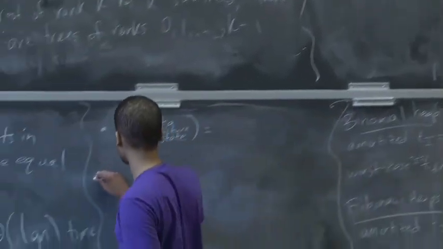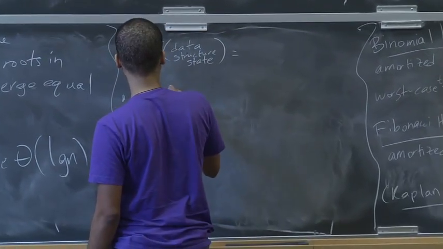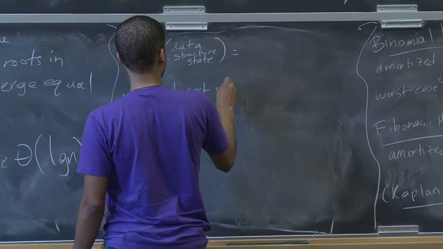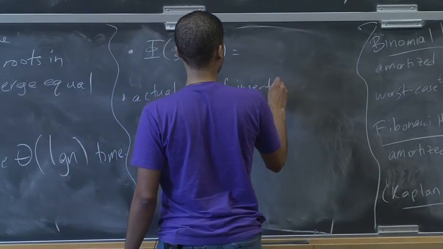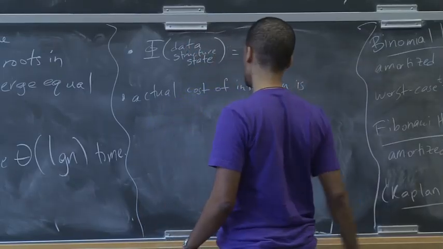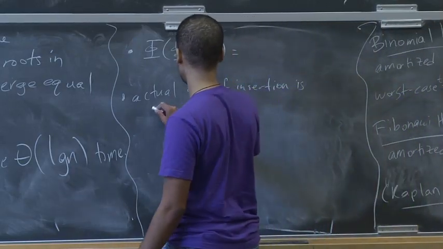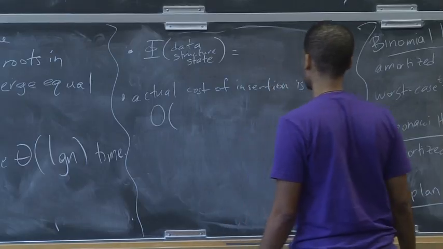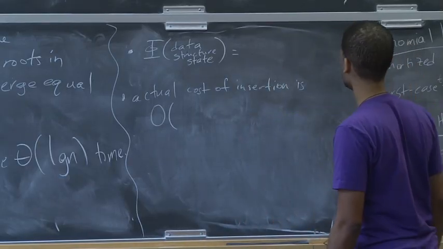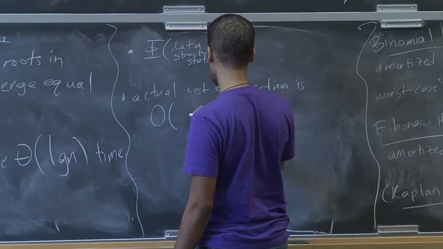So the actual cost of an insertion is big O of the number of trees we have.